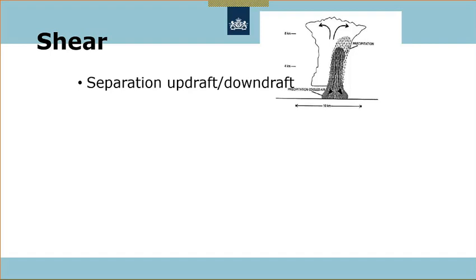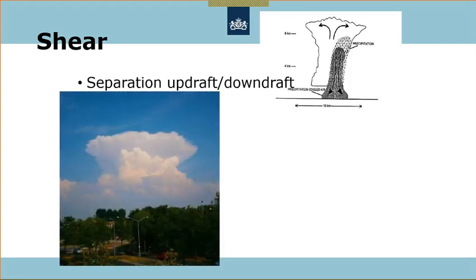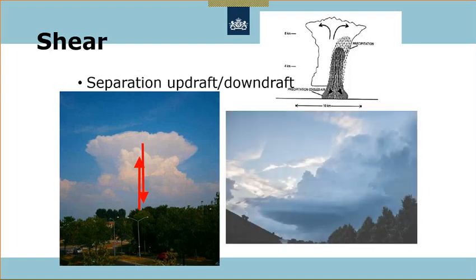And when you do have shear, then you have a separation. So this is an example of a single cell. That means that as soon as the precipitation process has started, the downdraft will develop, and the downdraft will be in the same place as the updraft. So that means that this type of cell, without or with only little wind shear, will only produce severe weather for a relatively short moment of time.